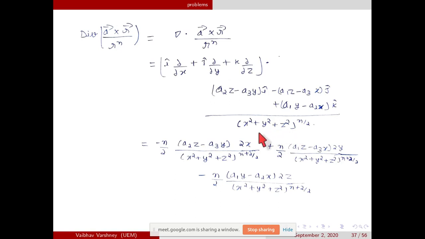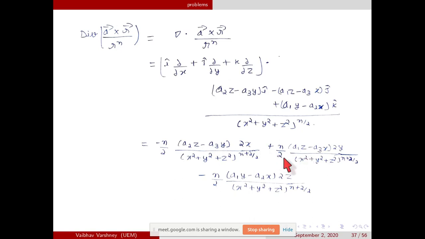Okay. Anyone want to ask anything? Because the next two terms are exactly the same, the only difference is that instead of 2x there is 2y, instead of 2x there is 2z, because the second derivative is in terms of y and the third derivative is in terms of z. So all three terms are almost the same.